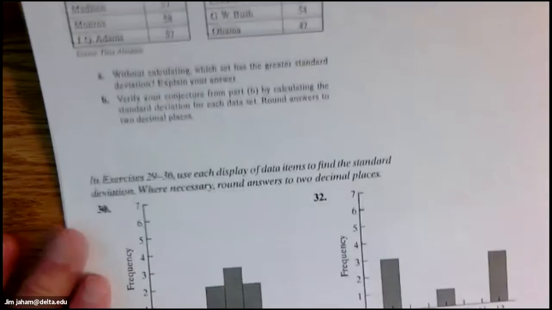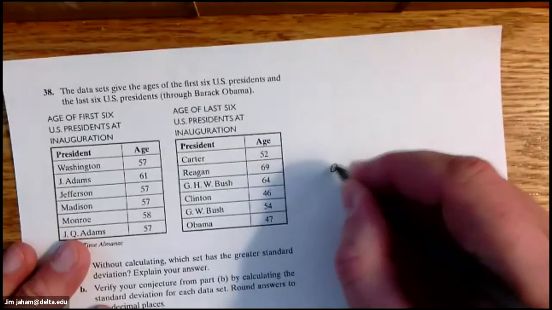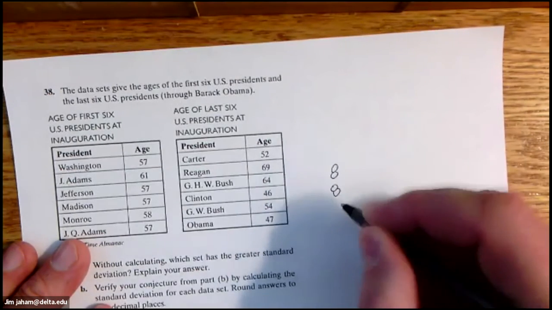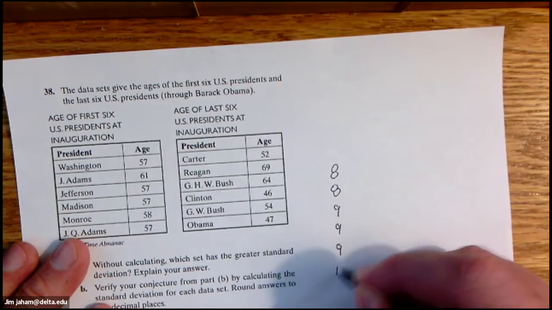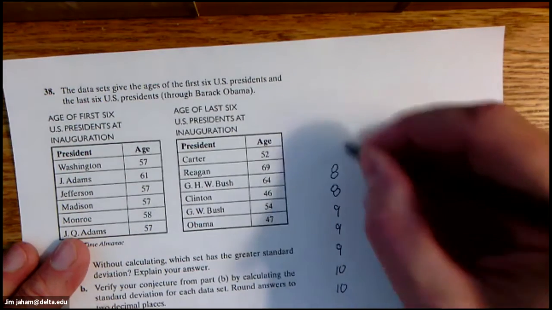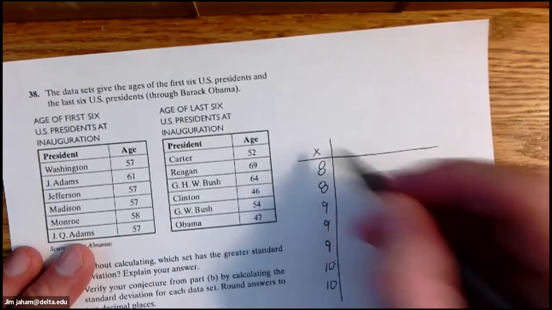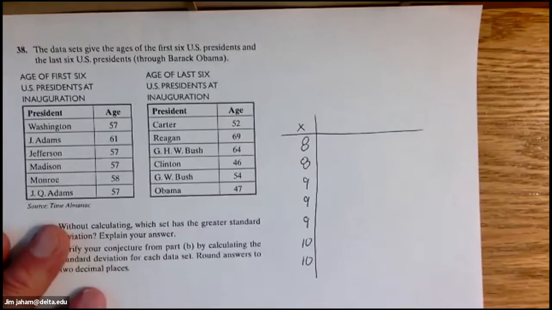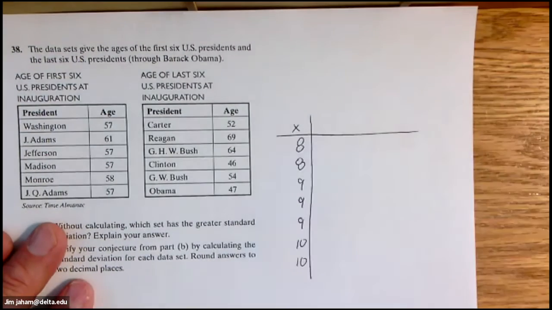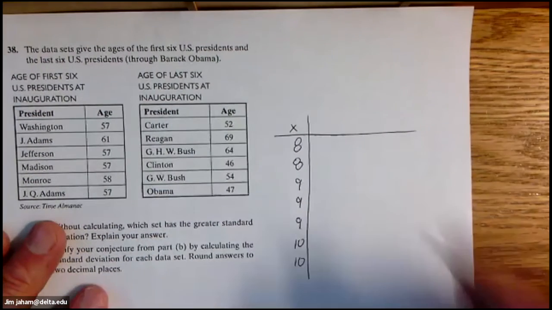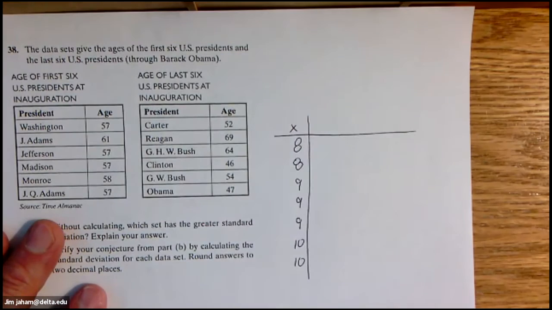All right, so this data set here is 8, 8, 9, 9, 9, 10, and 10. So those are our data values. I want to show you how to calculate the standard deviation if you have a set of data like this. The first thing we have to do is calculate the mean.